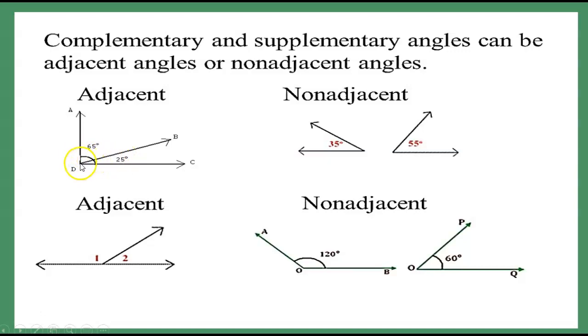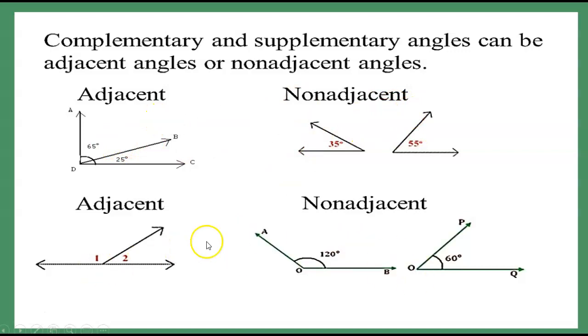They also share side DB, ray DB, as one side, and they share a common vertex D. So they are adjacent complementary. Now, if you add 35 plus 55, they give you 90 also, but they are two separate angles. They do not share any common point or any common side. They are non-adjacent, but both of them are complementary angles.